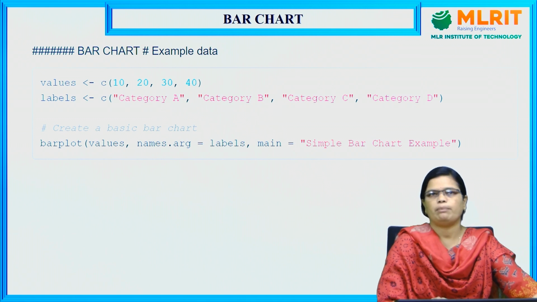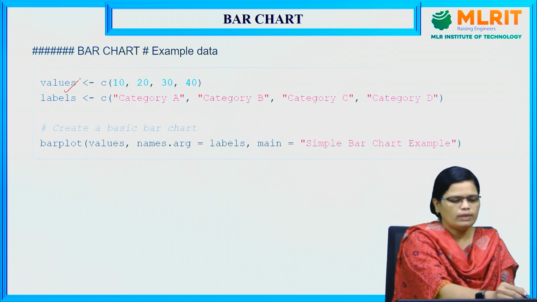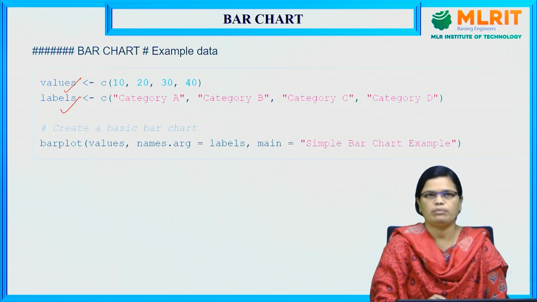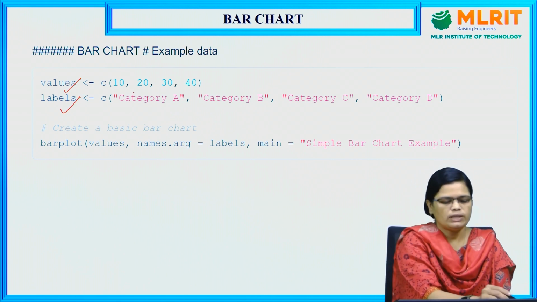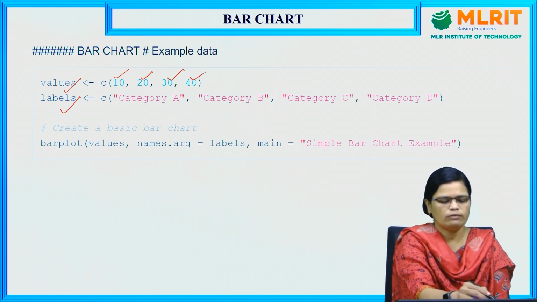We'll move on to the bar chart. In the bar chart, we have the values and labels as the attributes. In the values vector, we have the values 10, 20, 30 and 40.